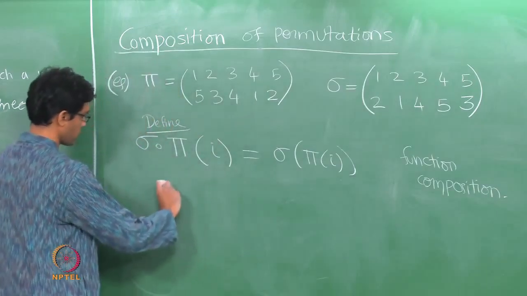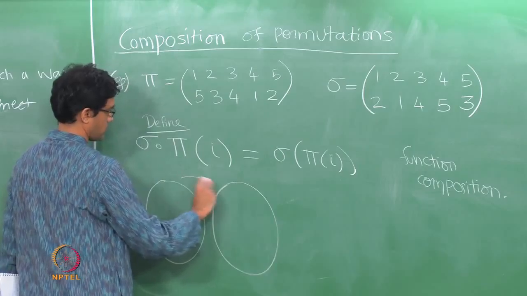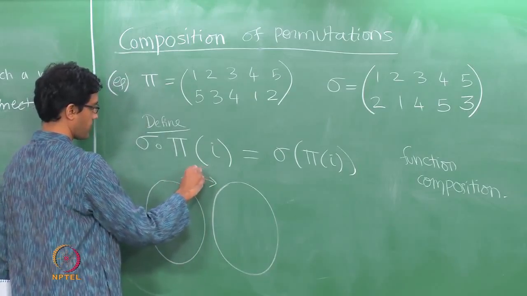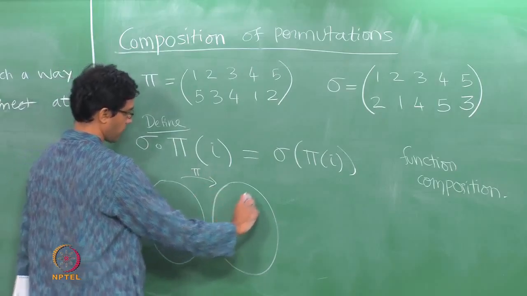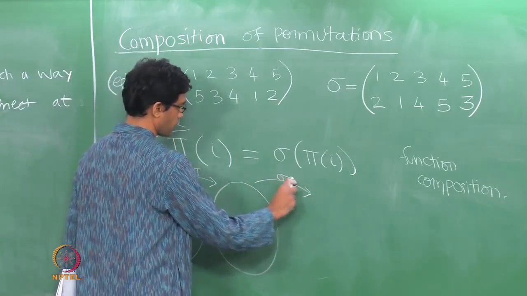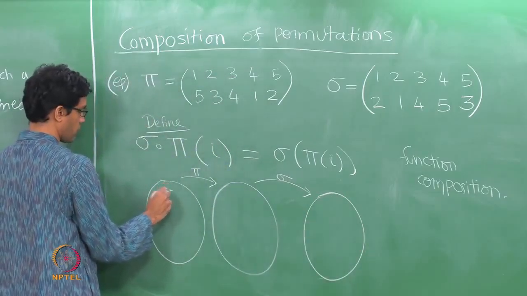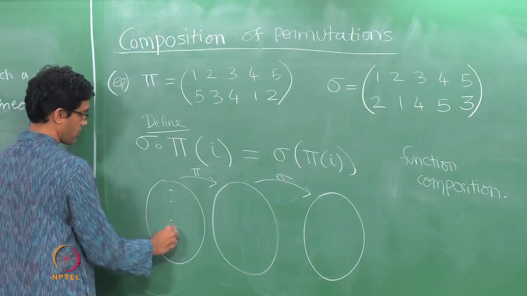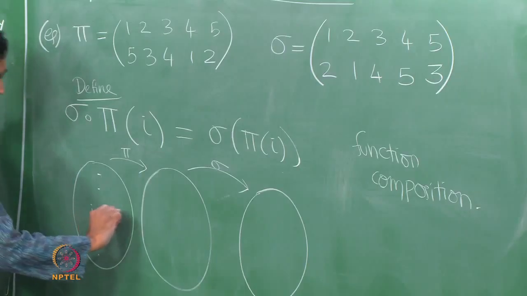Okay, so if you think in terms of functions, here's the function pi. You first perform pi, and once you have done something through pi, you follow it up by sigma. So for instance, I have the numbers 1, 2, 3, 4 and 5. Let us say I have some number i here. I first figure out what pi does to it.